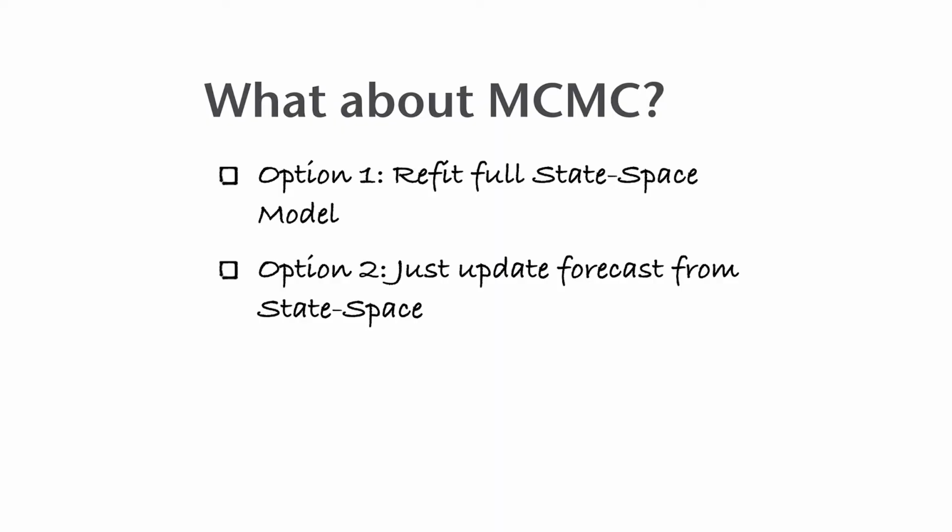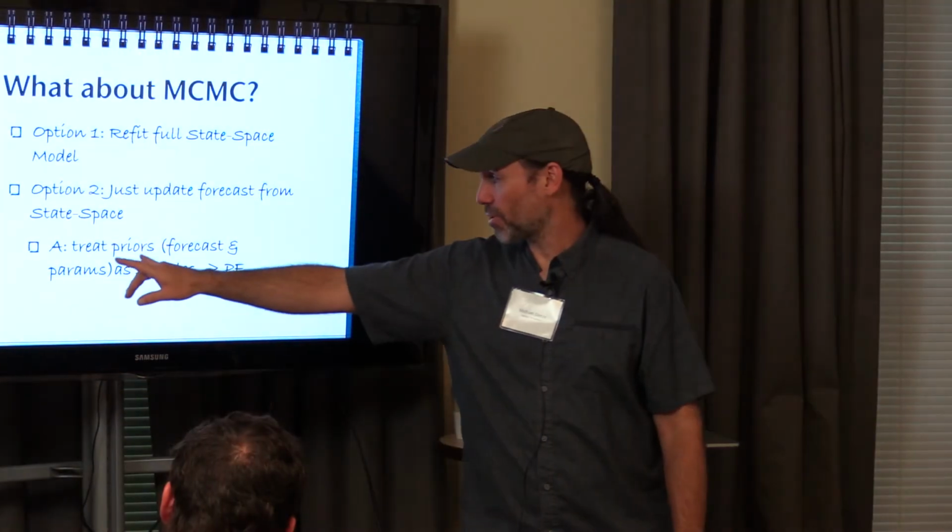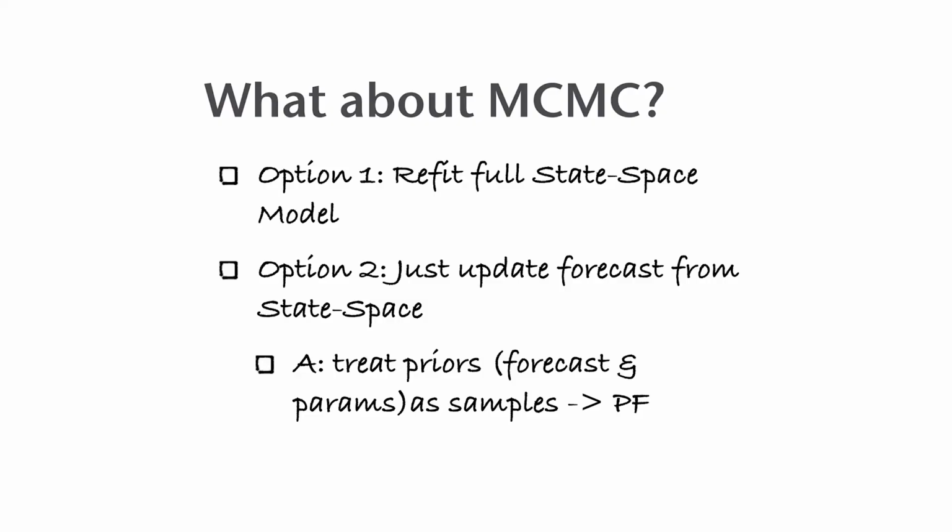Option 2, what if we just update the forecast coming out of the state space model? If we treat the priors as samples, we can just do that as a particle filter. So in many ways, the MCMC can run seamlessly into the particle filter because they're just treating things as particles.